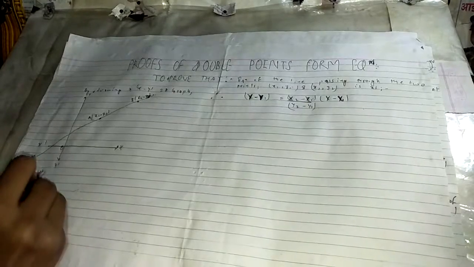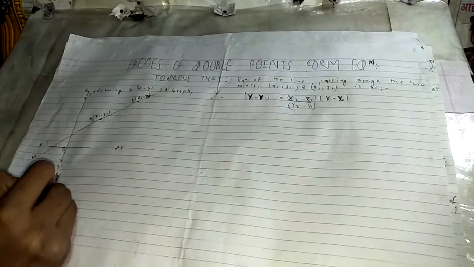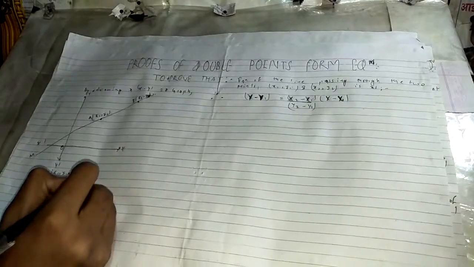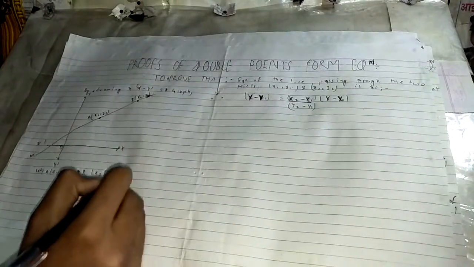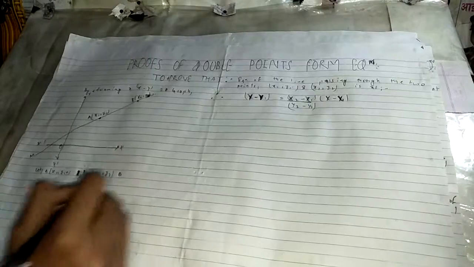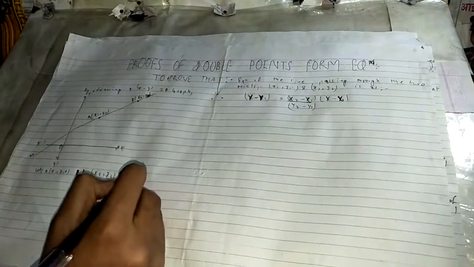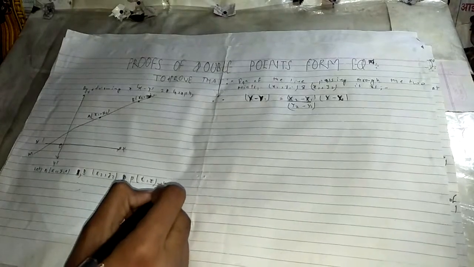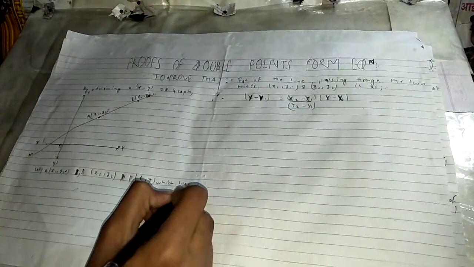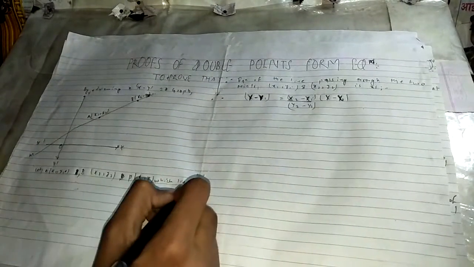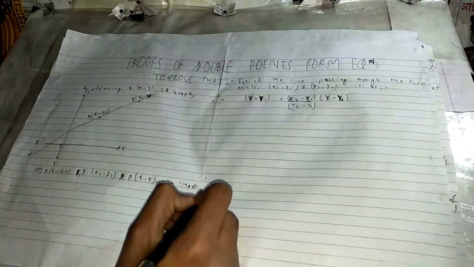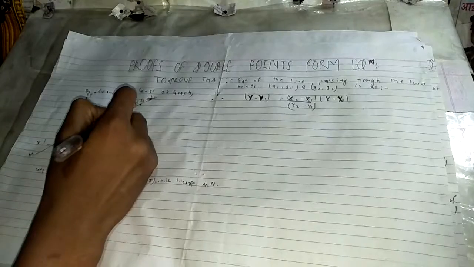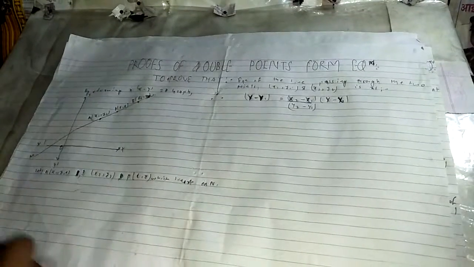We should first relate A x1, y1 and B x2, y2, whereas P x, y is a point which lies on the line MN.